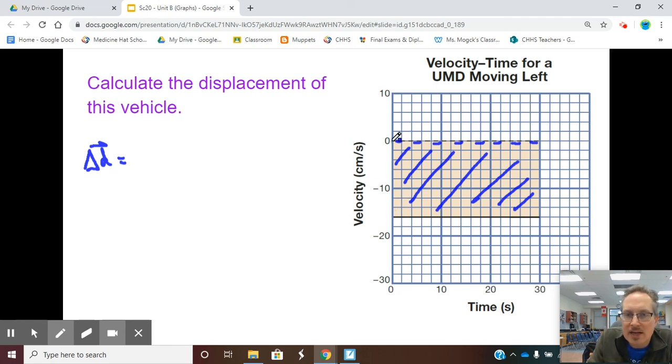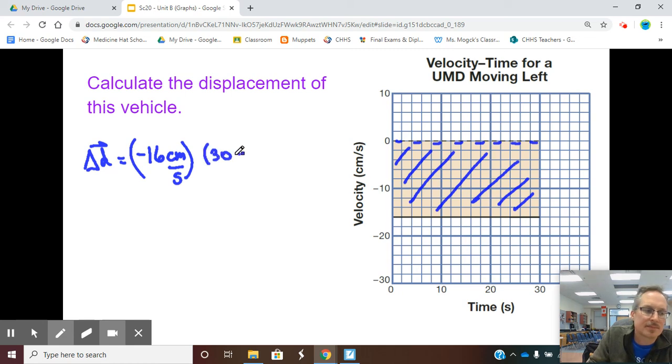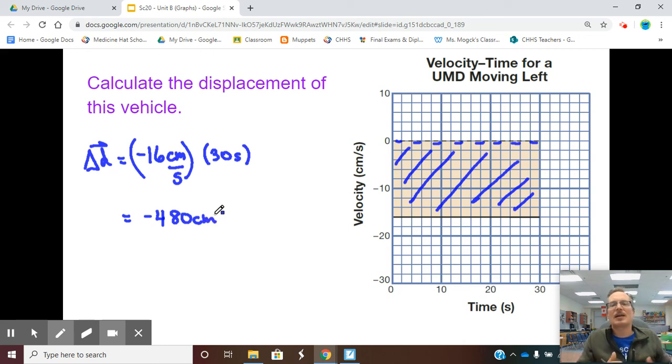So my length here at 0 to -16 centimeters per second, and 30 seconds. So -16 times 30. My displacement is going to be -480 centimeters. So I am back 480 centimeters from where I started.